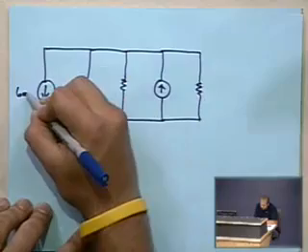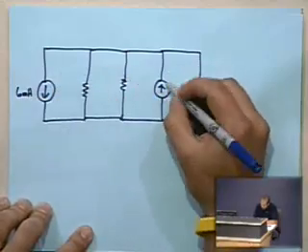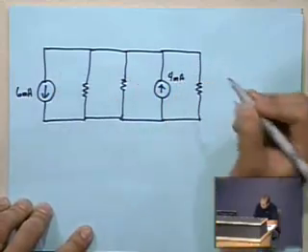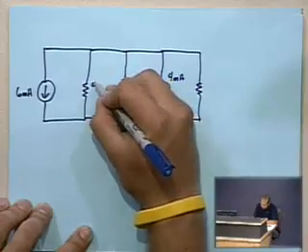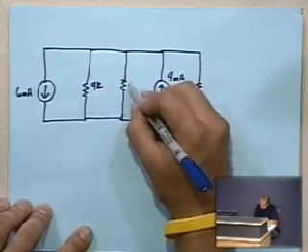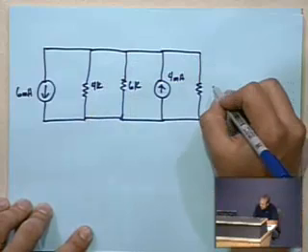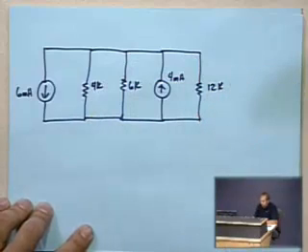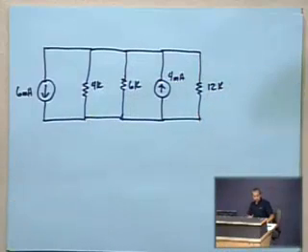This is a 6 milliamp source. This is a 4 milliamp source. This is a 4K resistor. This is a 6K resistor. This is a 12K resistor. So I'll do the first step for you, and then I want you to figure out what's going on.